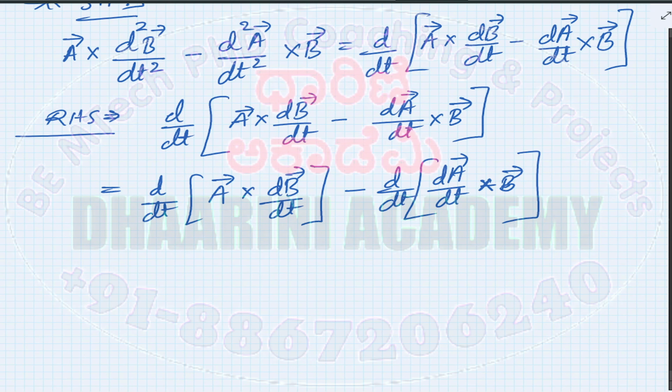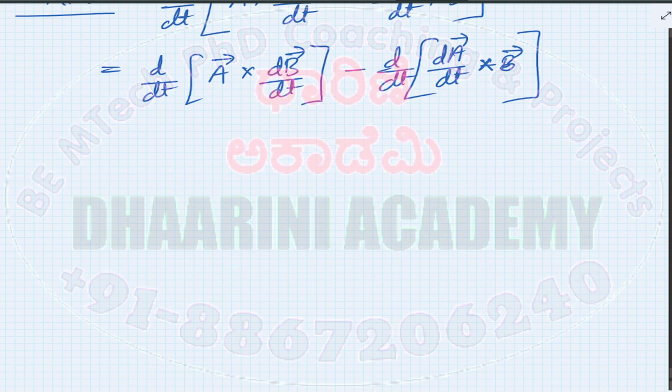Now see, the differentiation is being applied to a cross product, so I know what happens with the cross product when you apply this. Keep the first function as it is, cross differentiation of the second term. What is that differentiation of the second term? That is d by dt of dB by dt, which is d square B by dt square, first term.